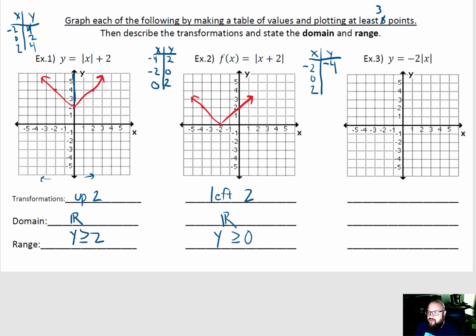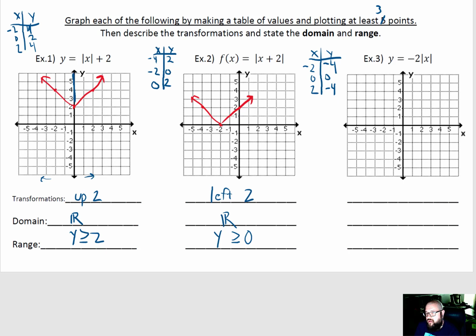If we took a 0 in there, 0 times -2 is still just 0. If I took 2, -2 times the absolute value of 2, you would still get -4. So let's graph these points and see what happened here.